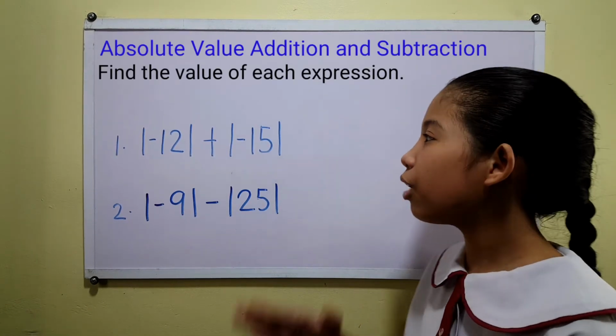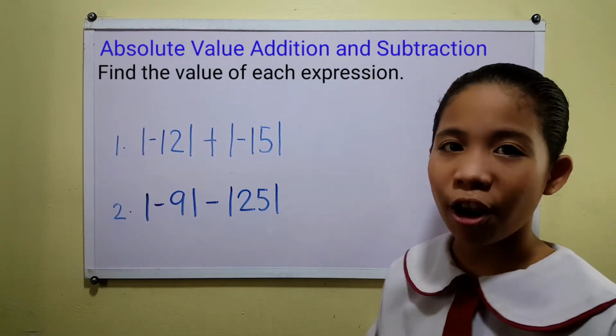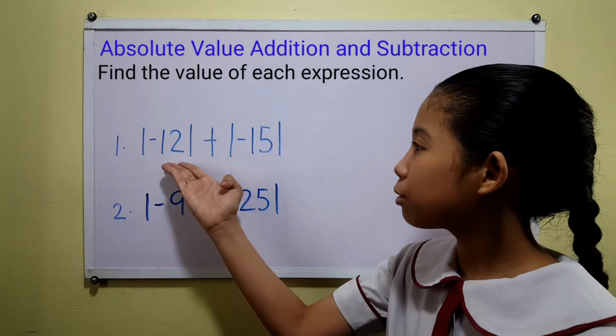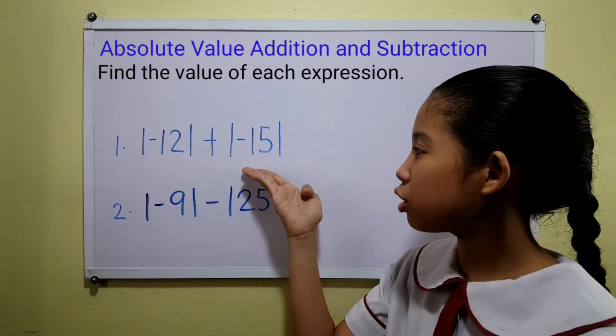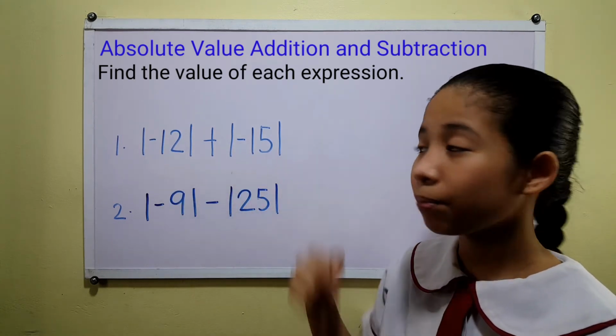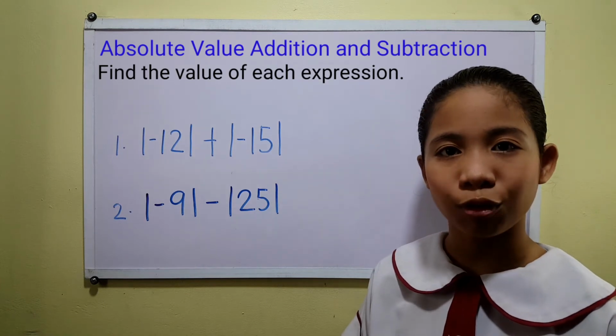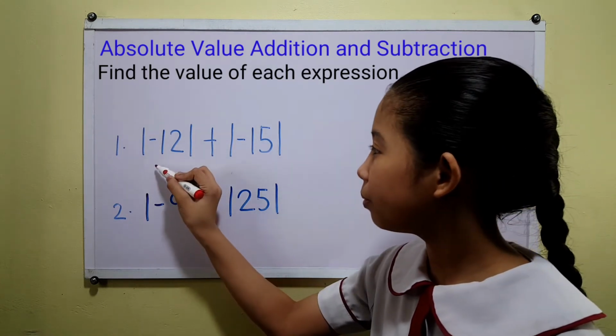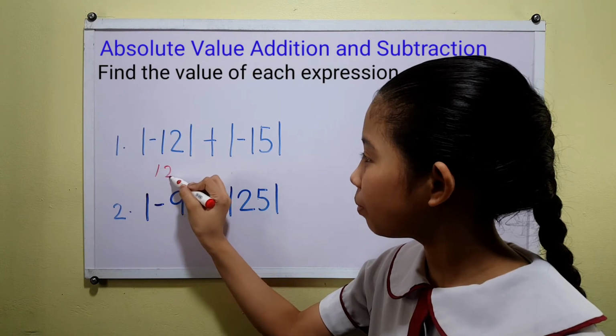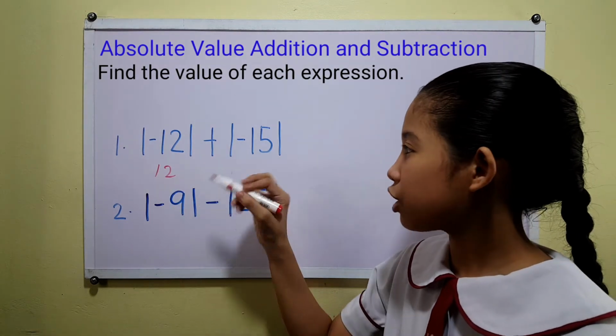Let's find the value of each expression. In our first example, we have absolute value of negative 12 plus absolute value of negative 15. So the absolute value of negative 12 is 12. Just copy their operation.